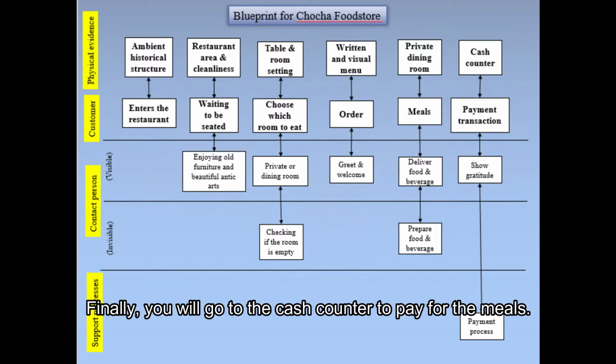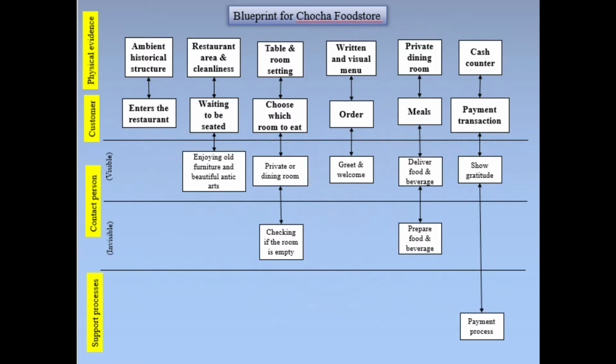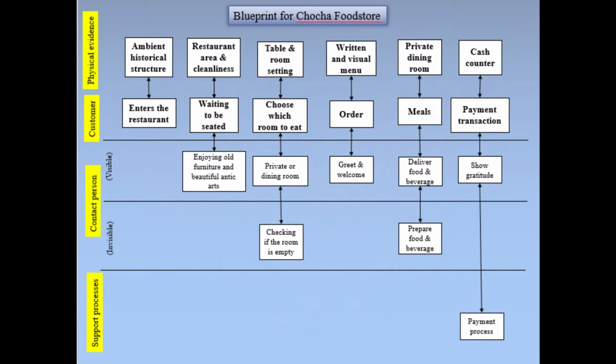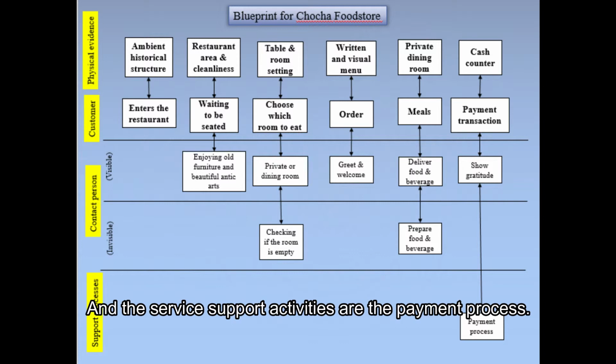And finally, you will go to the cash counter to pay for the meals. The staff will thank the customers for coming to their restaurant. And the service support activity is the payment process.